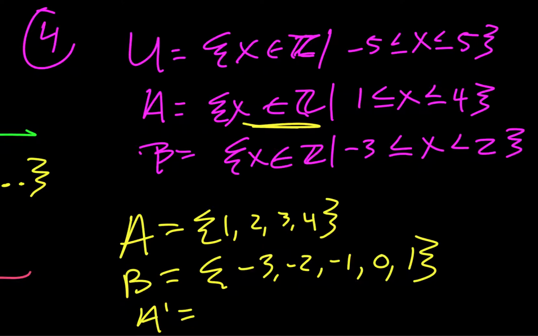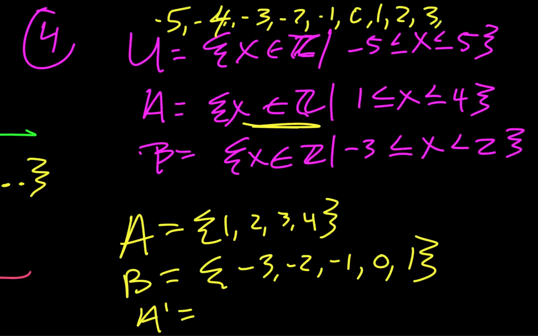And so everything that exists, I'm just going to write that. It's not asking us for this right now, but it might be helpful to see this. So that's what U would be written out.